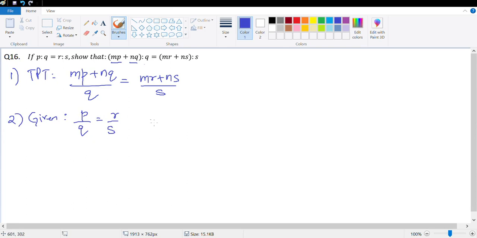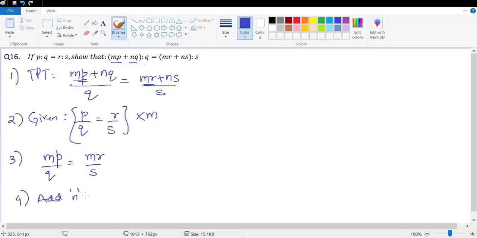I noticed that we need MP and MR, which means multiply both sides by M, which means MP upon Q would be equal to MR upon S. What we've done is multiplied both sides by M. Next, we need an N as well. So let's add N to both sides, because we are allowed to do the same operation to both sides of the equation.